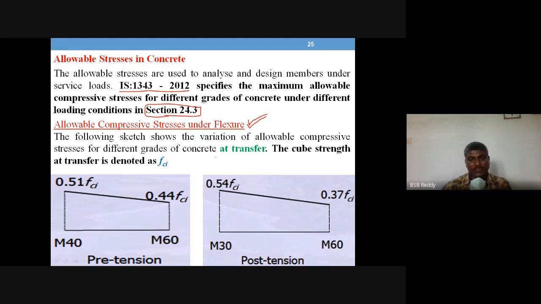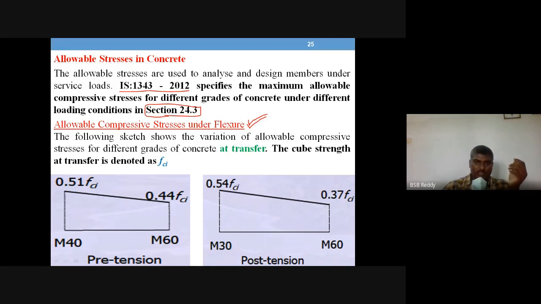Okay, transfer stage means what? You pull the tendon, and when you prepare the concrete, either in pre-tension or post-tensioning, once you release the wire, it tries to come back to its original position, where the concrete surrounding it will not allow, and the stress whatever you induced in the tendon will be transferred to the concrete. That is what is called transfer stage.